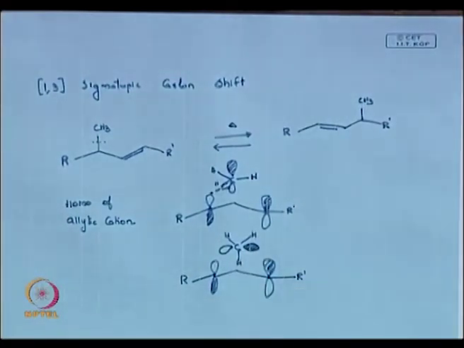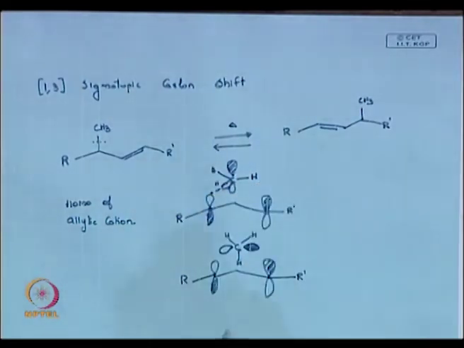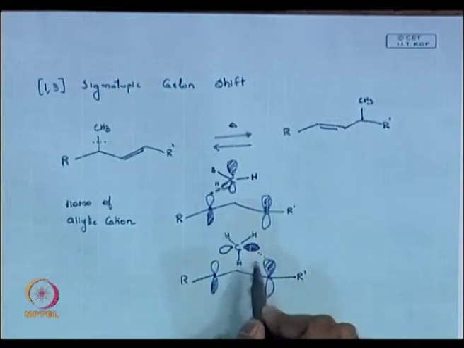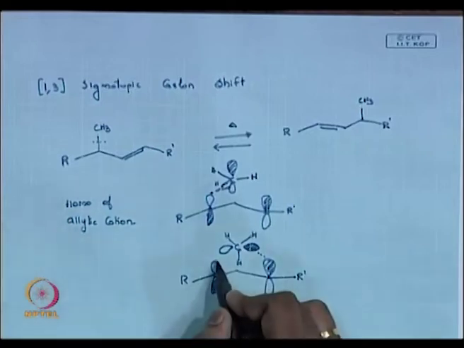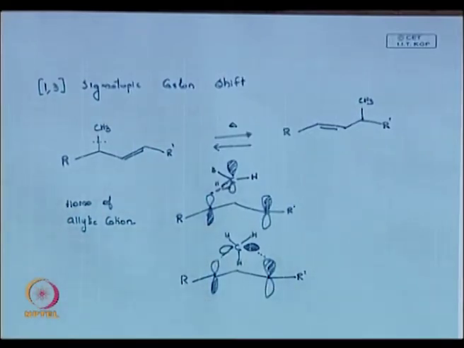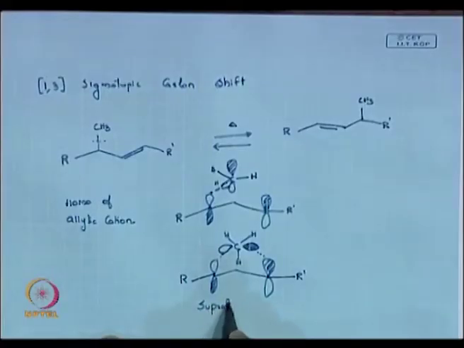See what it did, it just inverted itself. Now it can easily do suprafacial. Why does it have to do intrafacial? Because the orbital is favored. By the rule it should go intrafacial inversion, but what happened in this case? You get suprafacial inversion. So this is the only case, I think, where you get suprafacial inversion.